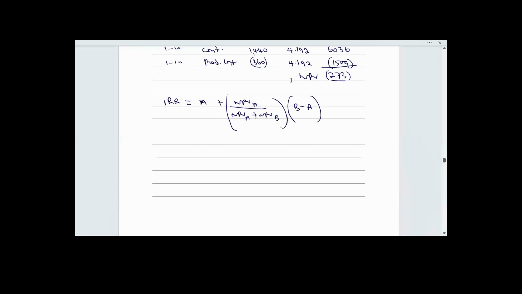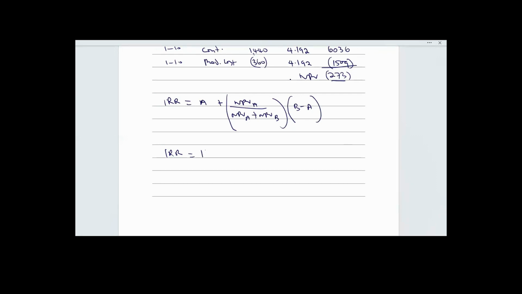plus NPV of lower discount rate divided by NPV of lower plus NPV of higher, multiplied by higher minus lower. So IRR will then be equal to, I assume 17% and 20%.